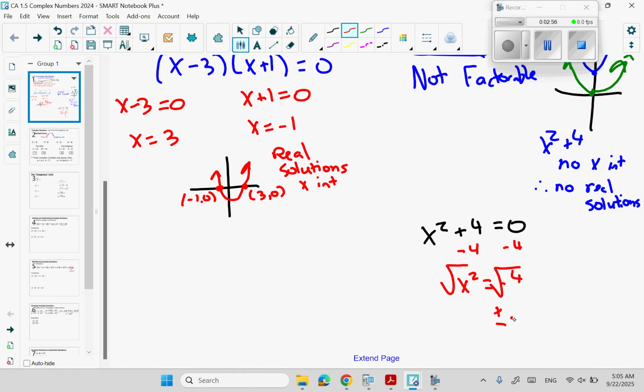And then I can do the square root of 4 and the square root of negative 1. Well, I know that the square root of 4 is 2. And as we recall, the square root of negative 1 is i. So we would get plus and minus 2i here. So that's kind of the bulk of where we're going today.